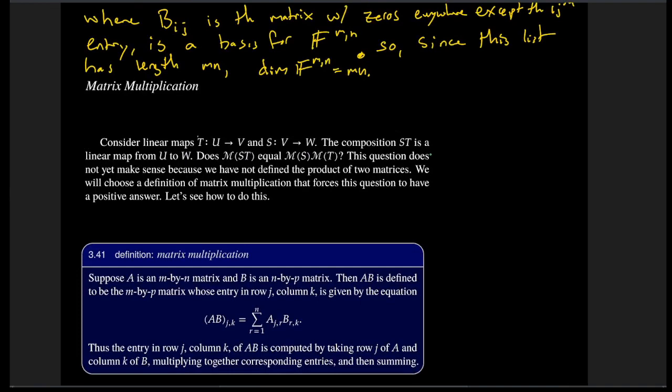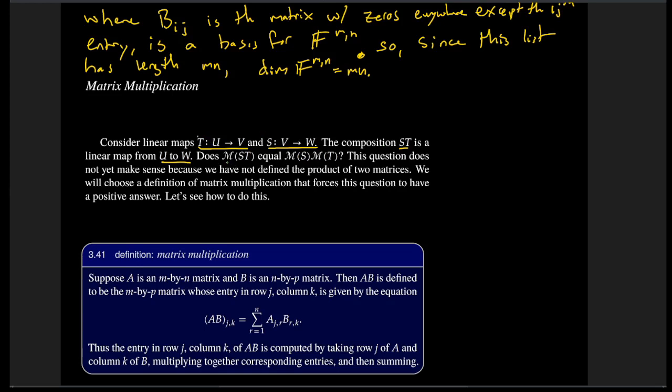Now, the idea that we're going to want to do, now that we've got a vector space here, is see if some of the nice facts that we know about additional operations we can do on L(V,W) carry through to their matrix representation. So that is, if you have a linear map T from U to V and a linear map S from V to W, then you can make a new linear map ST that's a map from U to W. So the question is, I've got this additional operation called composition on vector spaces of linear maps with compatible domains and codomains.